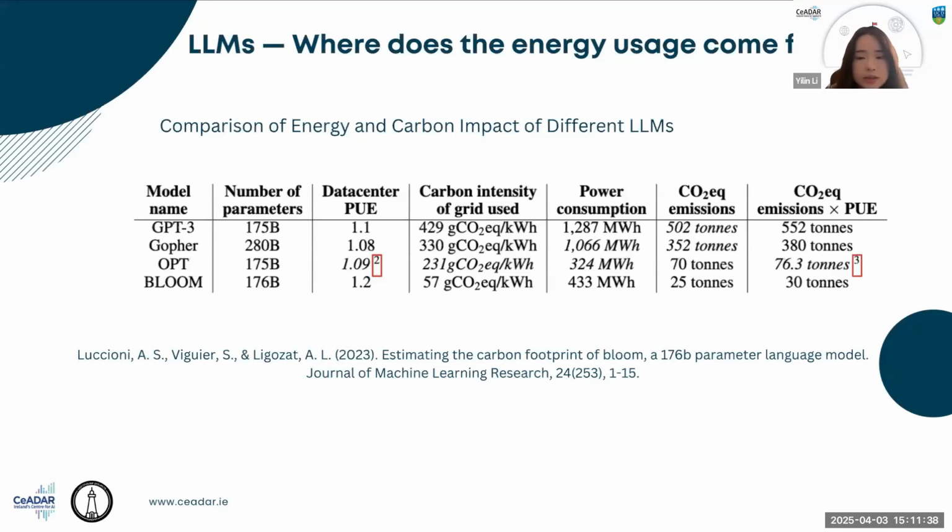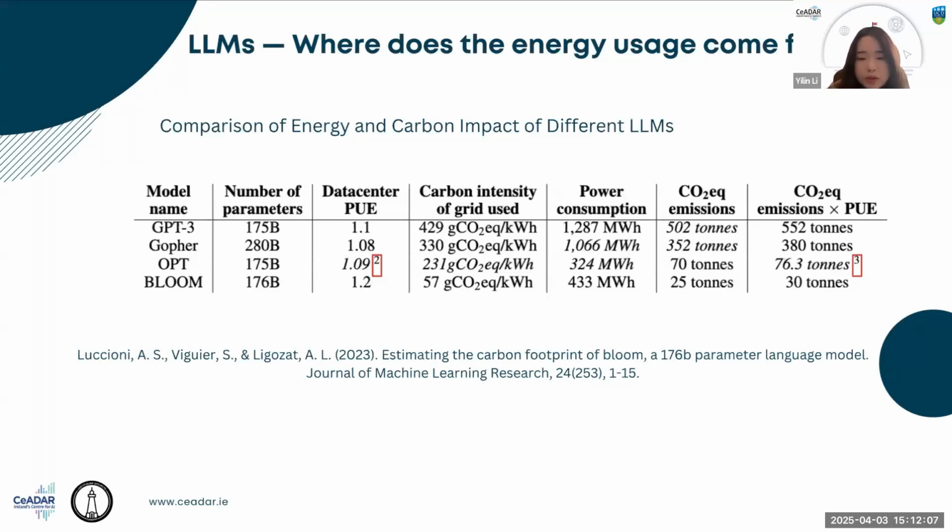Still, we can see some interesting trends here, like GPT-3 and GPT-4 have very high emissions, over 580 tons of carbon emission, mostly because they were trained on energy intensive hardware and likely on an energy grid with more fossil fuel.